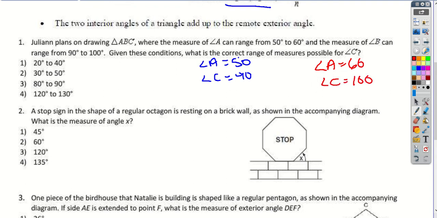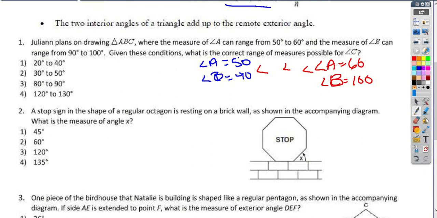So somewhere within that range, from the large to the small, angle B is going to be.